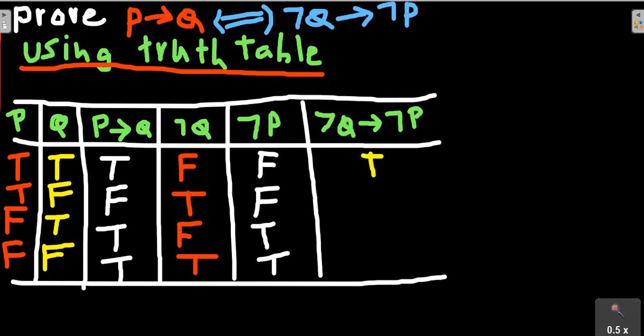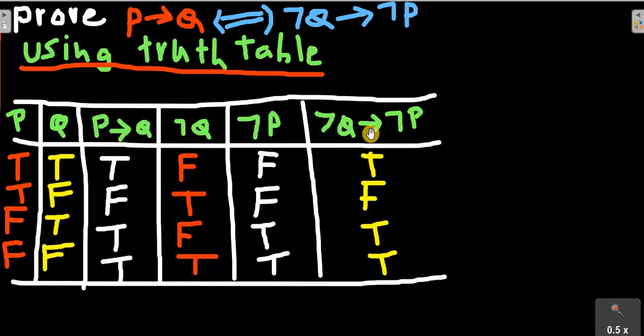True implies false, you have to get false. False implies true, you have to get true. And true implies true, you have to get true. And this is the final formula.